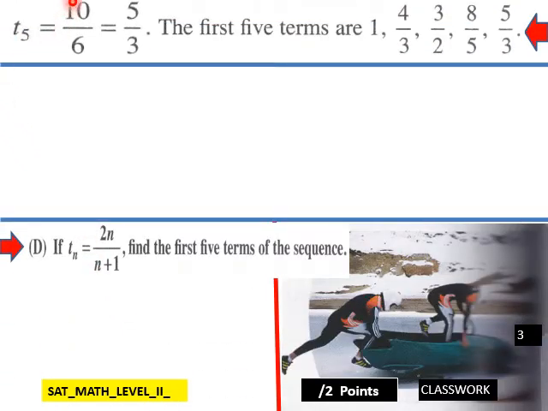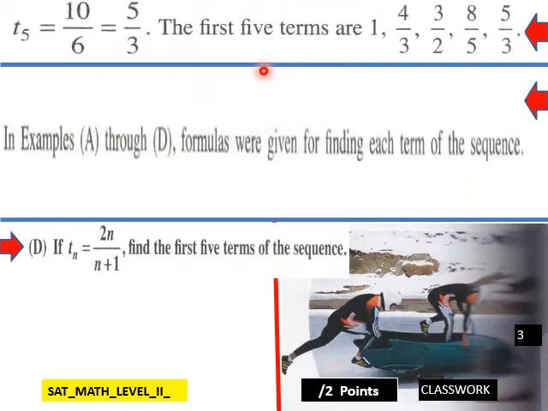Term 5 equals 10 over 6, which would equal 5 over 3. So the first 5 terms are 1, 4 over 3, 3 over 2, 8 over 5, and 5 over 3. That is how that would go.